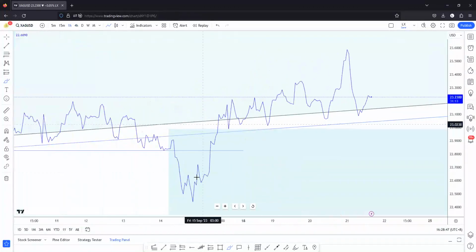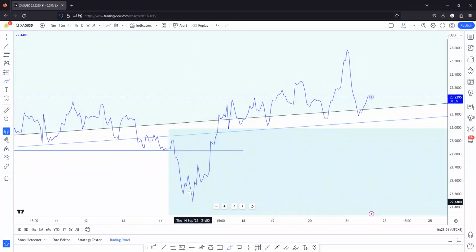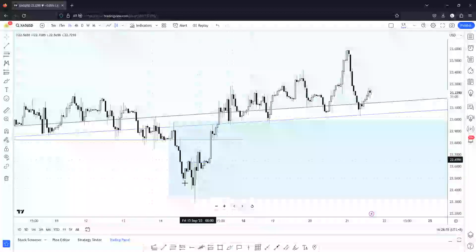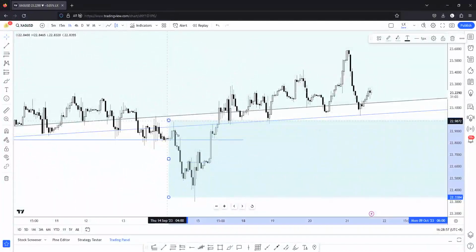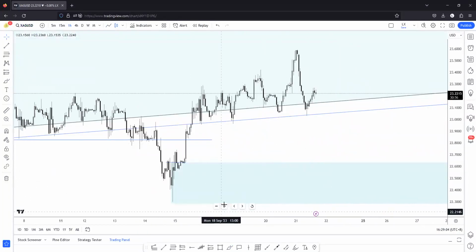If you move down to the lower time frame, you can see very clear lower lows and lower highs, and then following that, price broke and closed to the upside. So if we narrow down this whole daily move to the lower time frame, this is a potential region to watch. So if price comes into this zone, that's a potential region to watch.